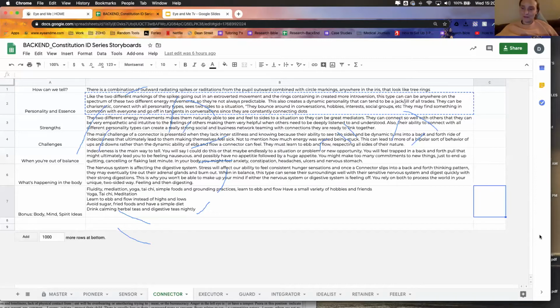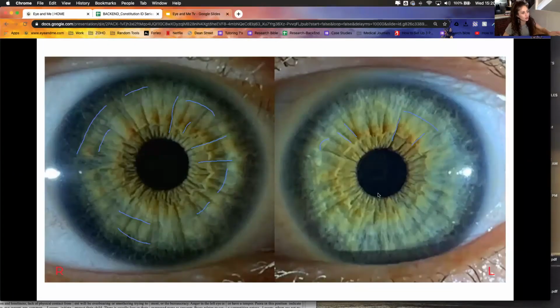The connector constitution, since there are two movements, is going to cause you to look at multiple sides of things. And then the retainer constitution is more of that congestion you were talking about on that other eye. That shows some lymphatic congestion. So the connector can go back and forth, collecting information from everywhere. The retainer has a hard time expressing themselves.